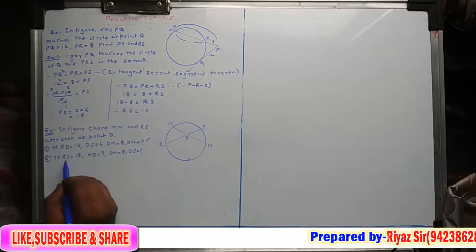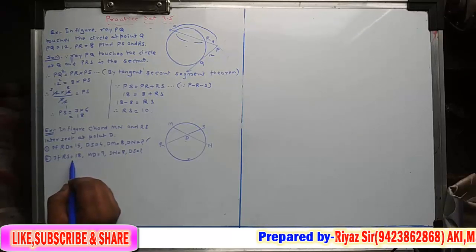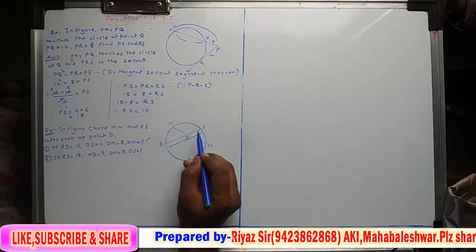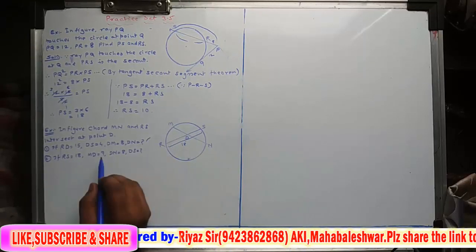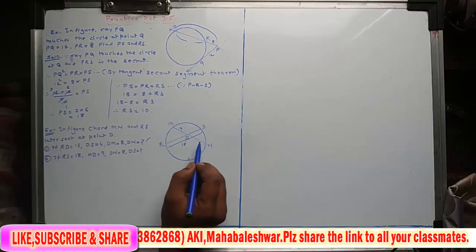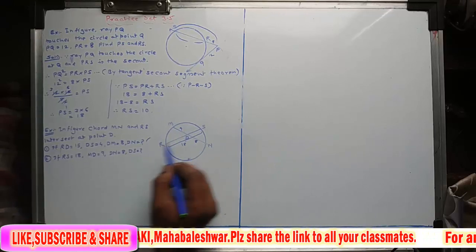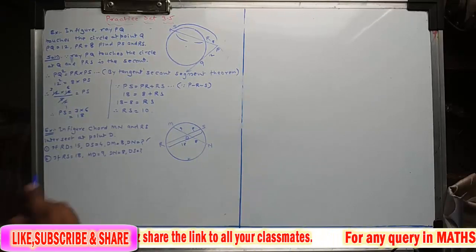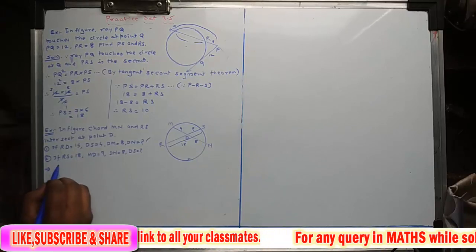Now the second I will solve. RS is equal to 18, the whole RS is given, MD is equal to 9, DN is equal to 8, then we have to find DS. DS is equal to how much? Okay, so we start the solution like this.